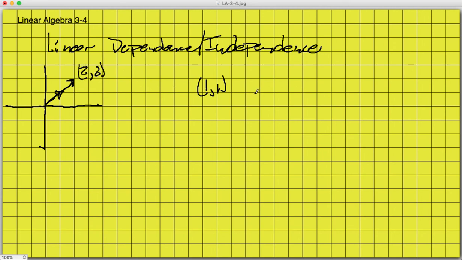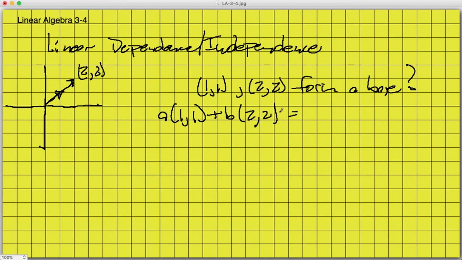Now, the question is, do 1, 1 and 2, 2 form a basis? And the answer is no. I think you can see that with these two vectors, if I went A times 1, 1 plus B times 2, 2, all this is going to give me is A plus 2B, A plus 2B.